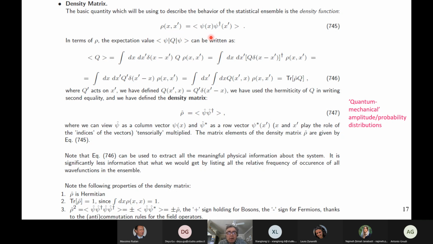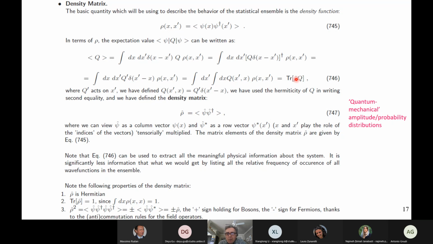Okay, I can write it clearly in terms of the integral of Q psi star psi, if I go to conventional quantum mechanics, which is essentially what I wrote here. And this can be written in terms of the trace of an operator.